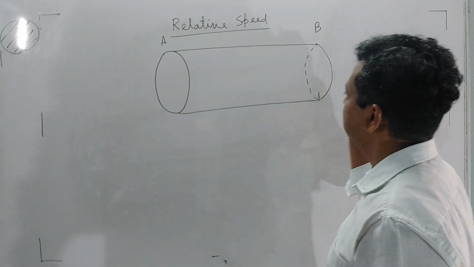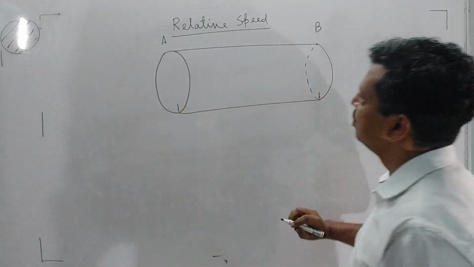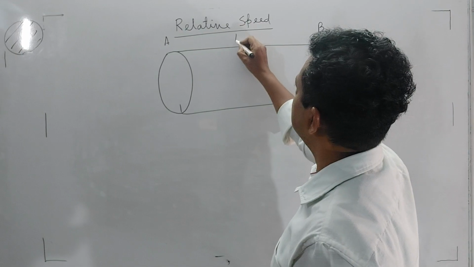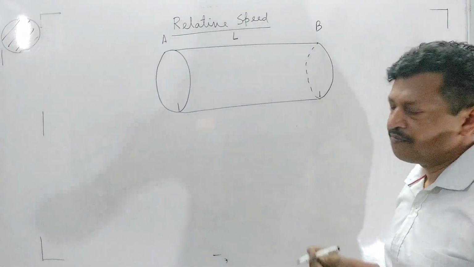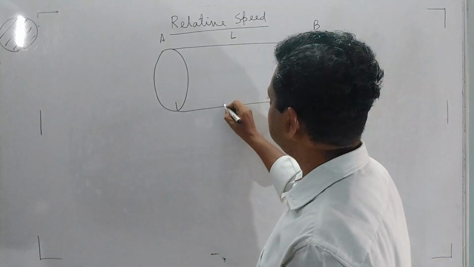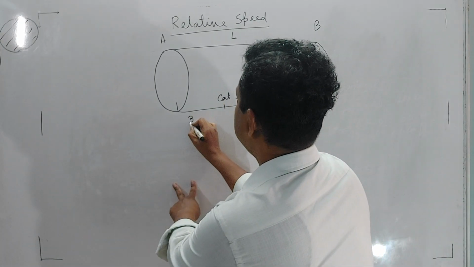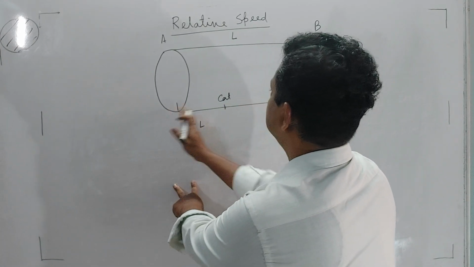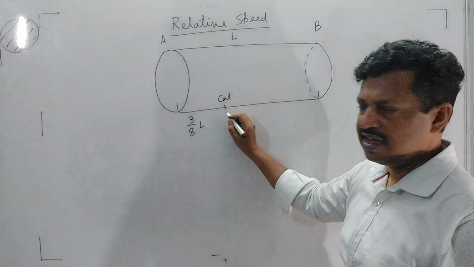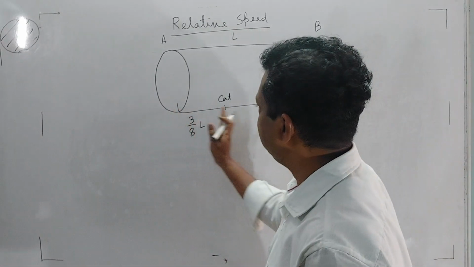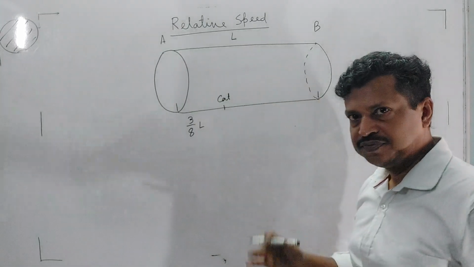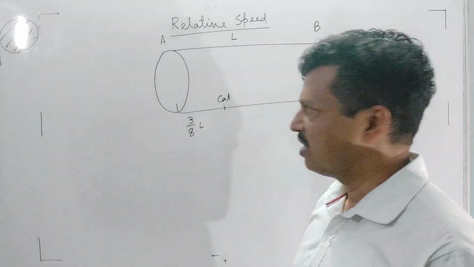Say the total length, the length of the tunnel, is L. Now a cat is sitting inside, which is 3 by 8 L away from the entrance of the tunnel. So the cat is sitting here, 3 by 8 L away from the entrance, where L is the total length of the tunnel.